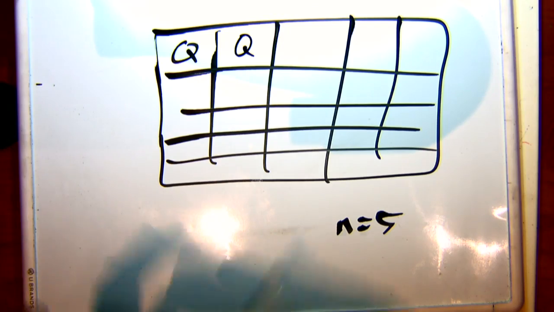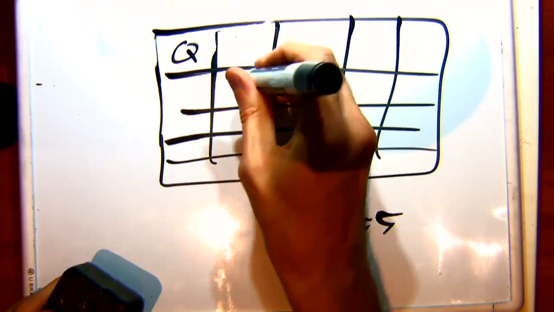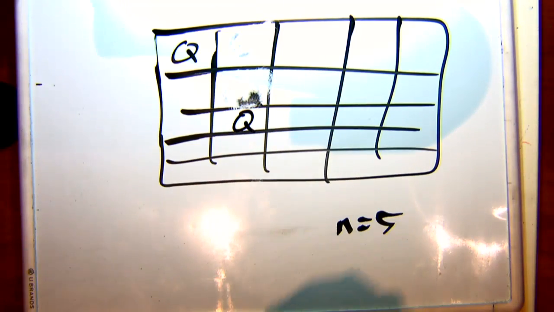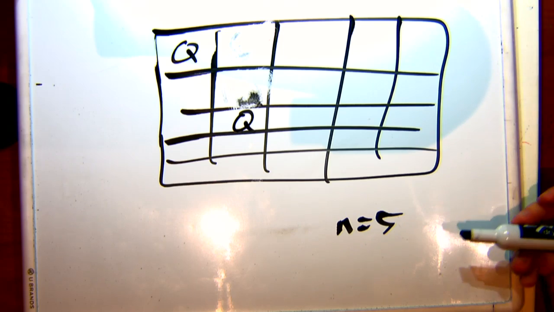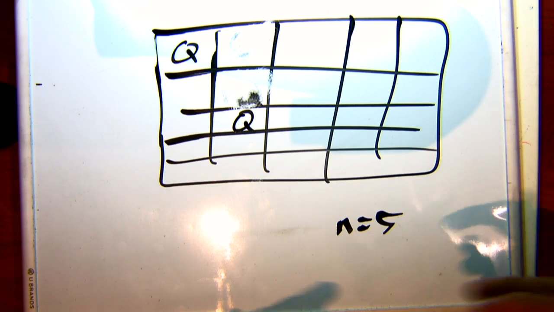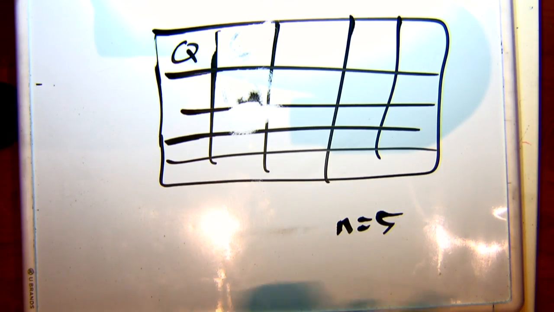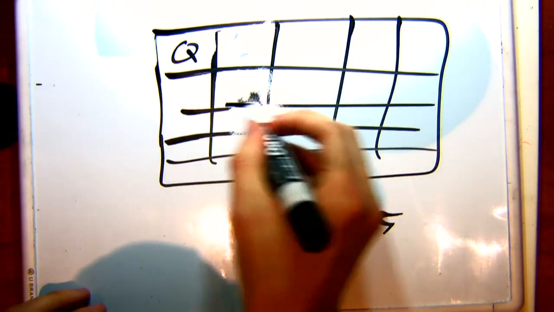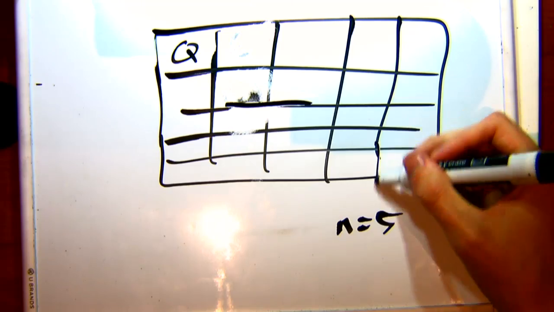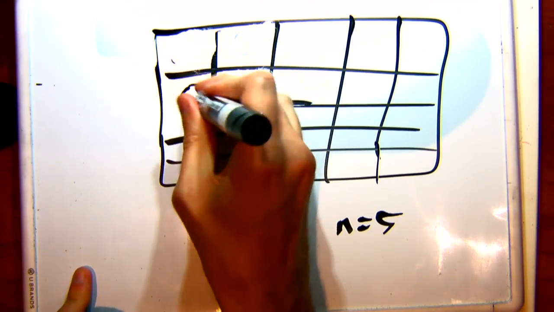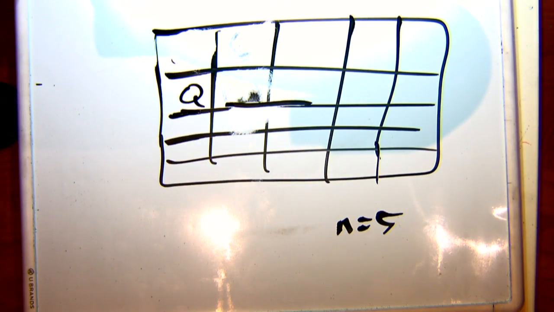Well, those two can attack each other. Then we try putting one here. Those two can attack each other. And then we get down here, and we'd see that they can't attack each other. And we keep doing this until we got to the final column, and we saw that none of them could attack each other there. And then we would recursively call all the way back up. We would check the final position first, obviously, but then we would eventually get back to this first position. We'd reset it, go to the next square down, and then we'd do the same thing.